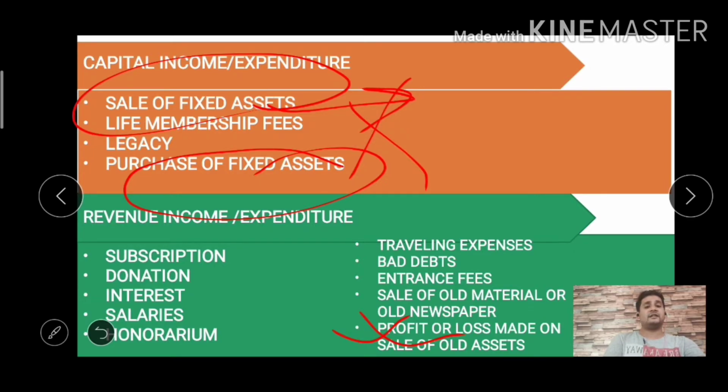You have to remember that. So these are the items treated as capital income or expenditure and revenue income and expenditure.